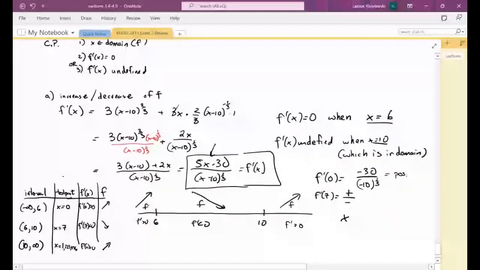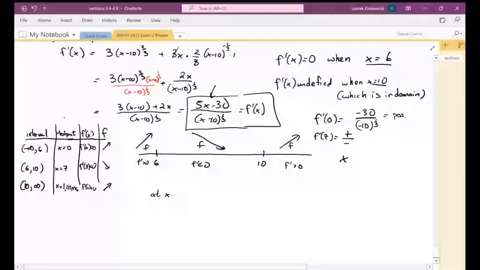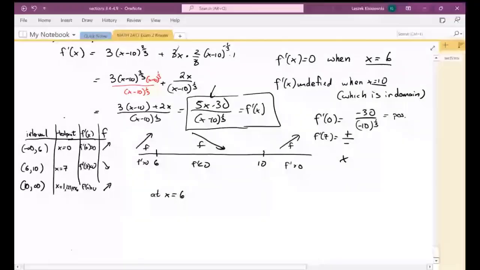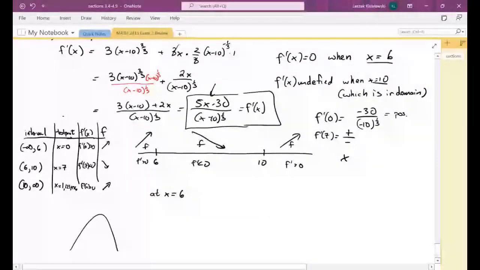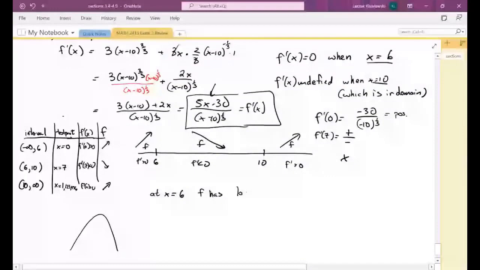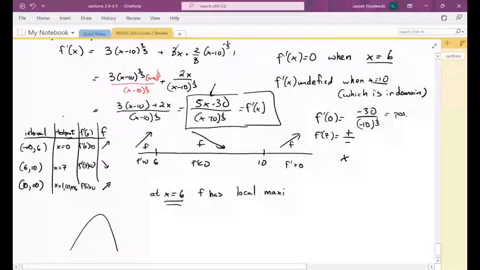Okay, so by looking at the slope chart, if you will, what can we conclude at x equals 6? What happens? Right. Local max. Yep, local max. And so you want to be careful. They might ask you where it happens, or they might ask you what the function's value is there, or both, right?